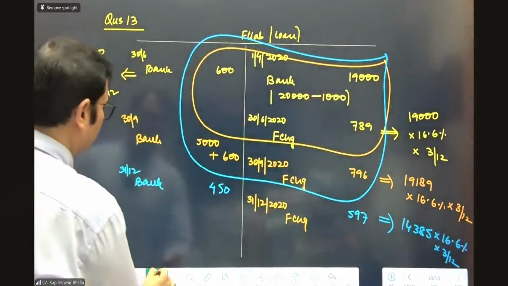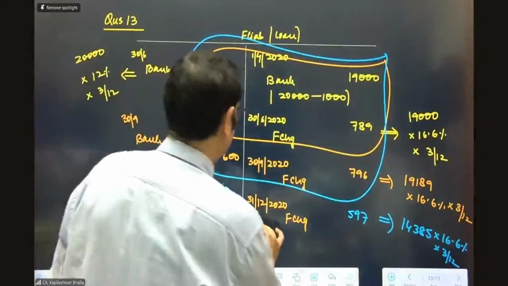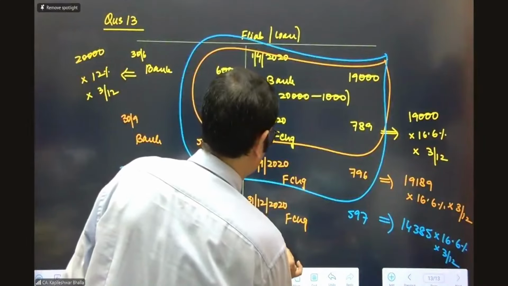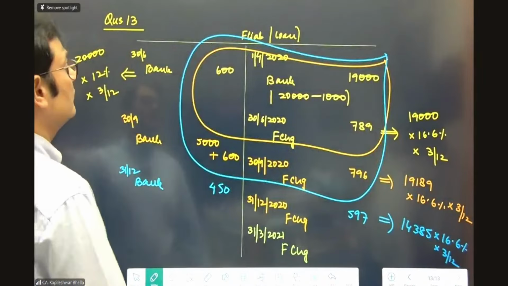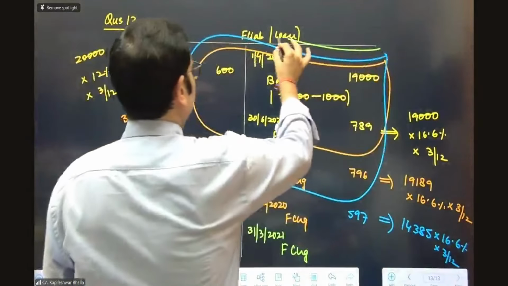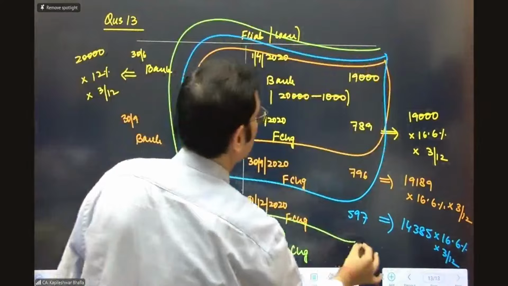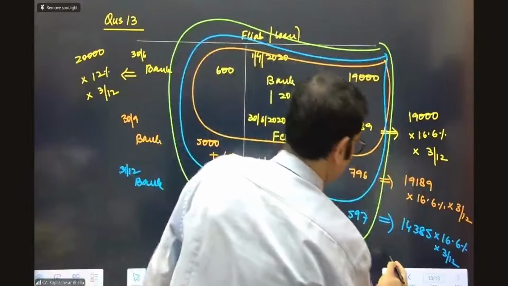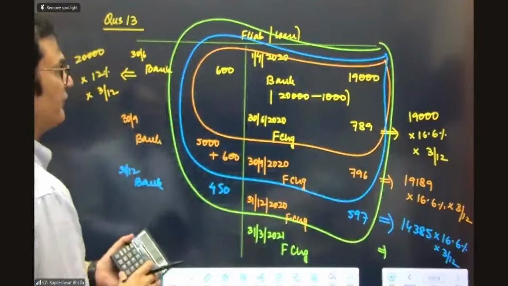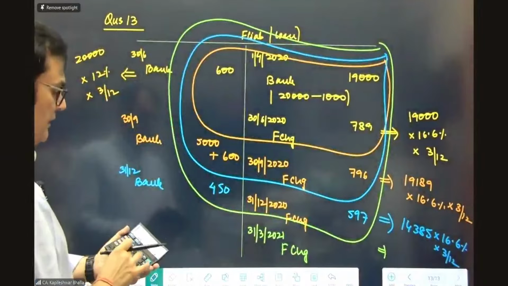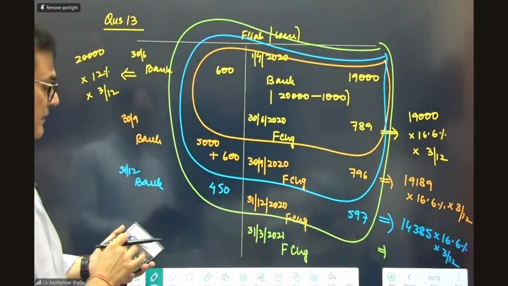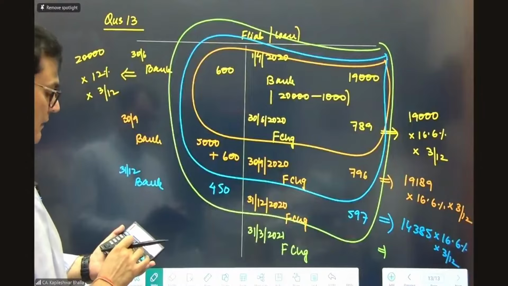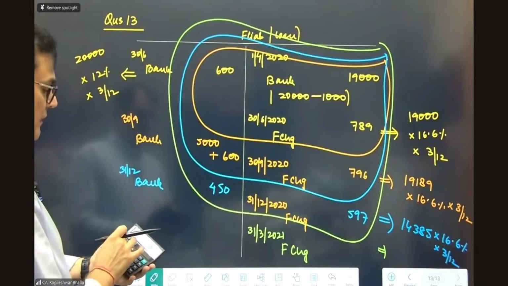Then again, we come to the information on 31st March 21. And again, we need to consider the finance charge. This time again on the outstanding balance. So I think we just need to take the entire balance now at this stage. So let's see what is the outstanding balance. 19,789, 796, 597, 650, 600 and 450.